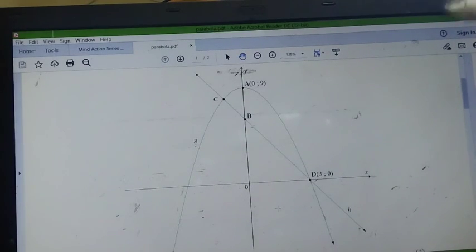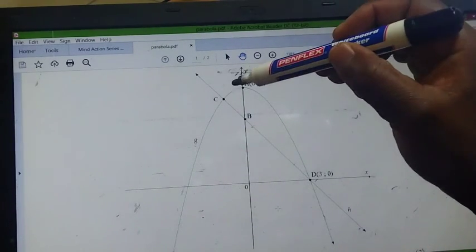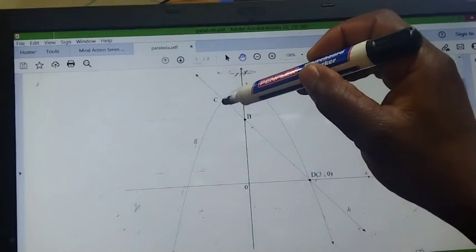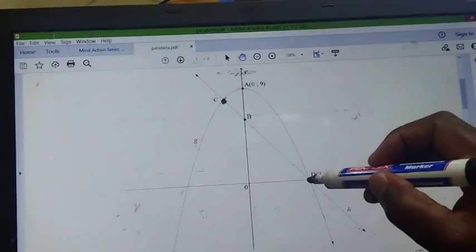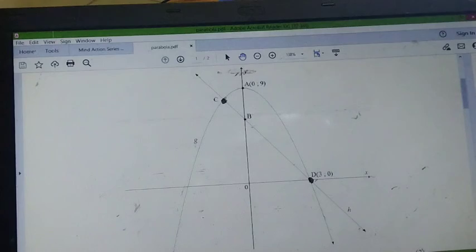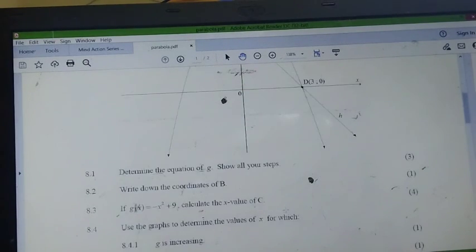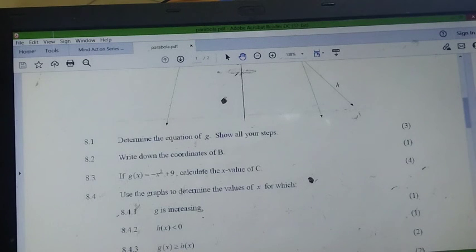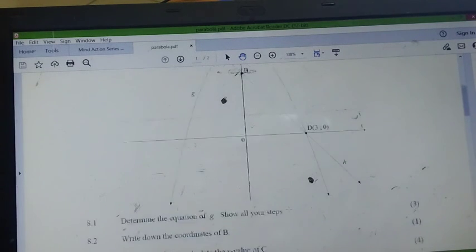So this happens immediately after the intersection or before the intersection. In this question, we want where g of x is greater. That means where g of x is on top of h of x.